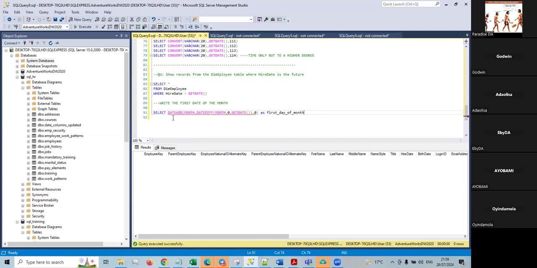Date add. Select date add, month, comma, date diff, month, 0, comma, get date. What's that?